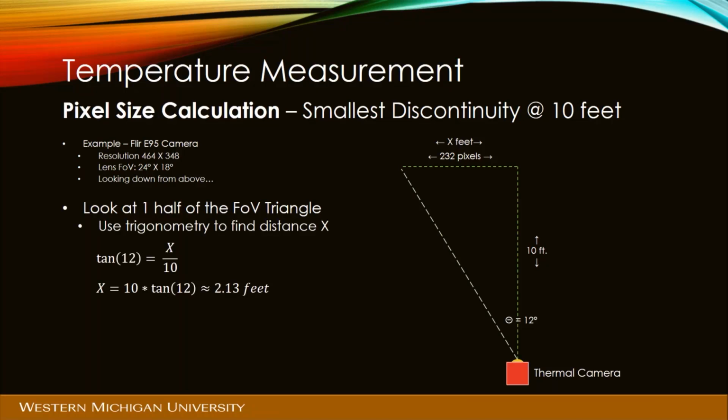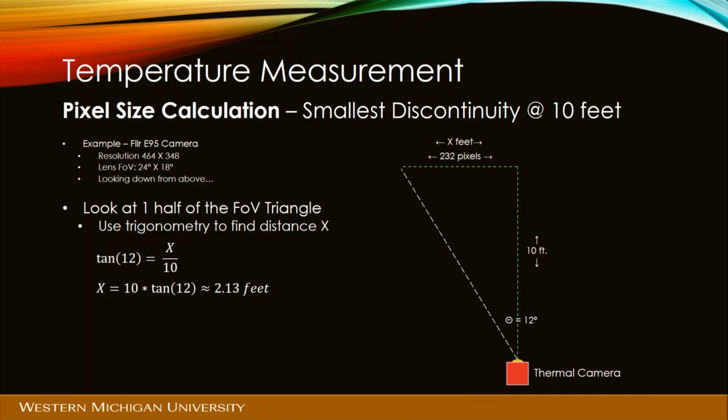So how do we set this up? Use trigonometry. And in this case, it's set up for tangent. We don't know the hypotenuse. We're trying to find opposite. We have adjacent. We know the angle. So the tangent of 12 equals opposite over adjacent, 10.